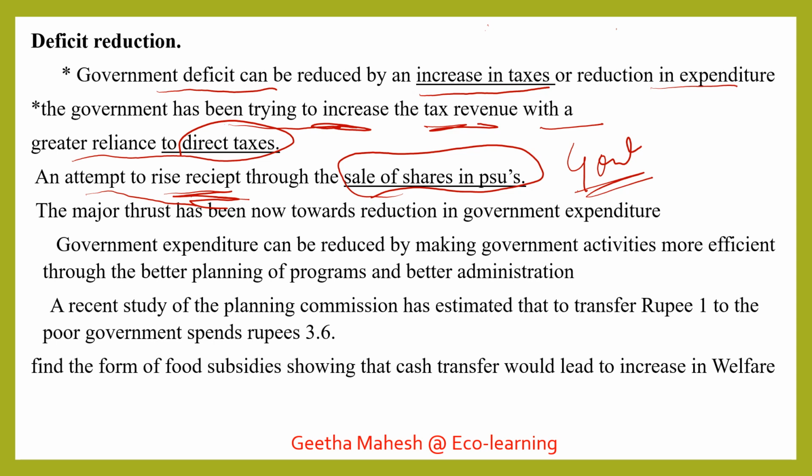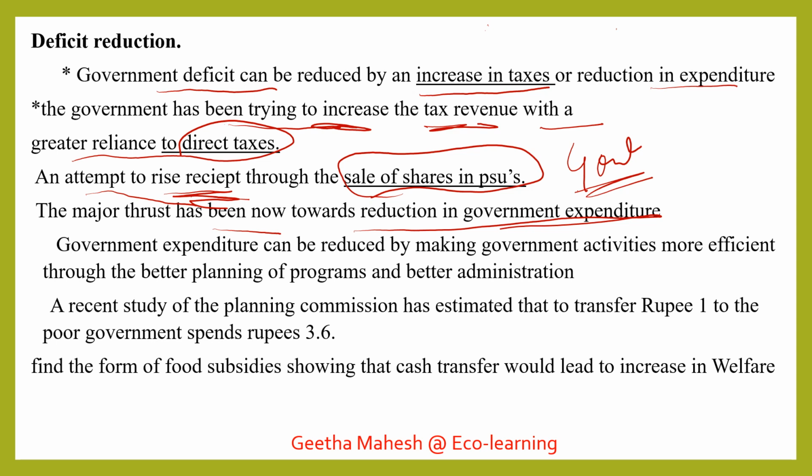The major thrust has now been towards reduction in government expenditure. On one side, by giving much importance to sale of shares, they are trying to raise the funds. On the other side, they are trying to raise the tax revenue through direct taxes.